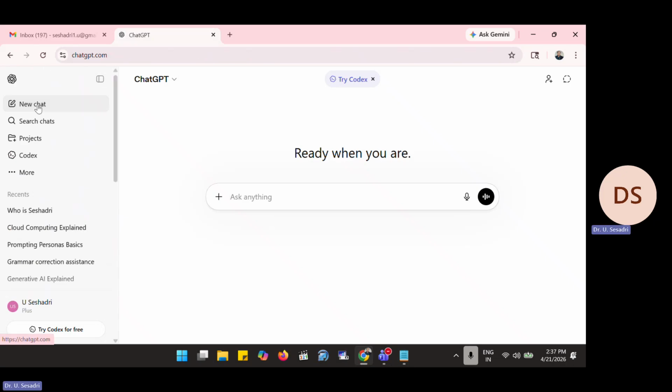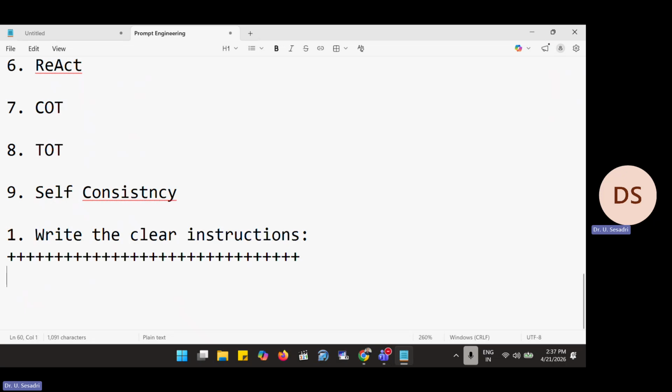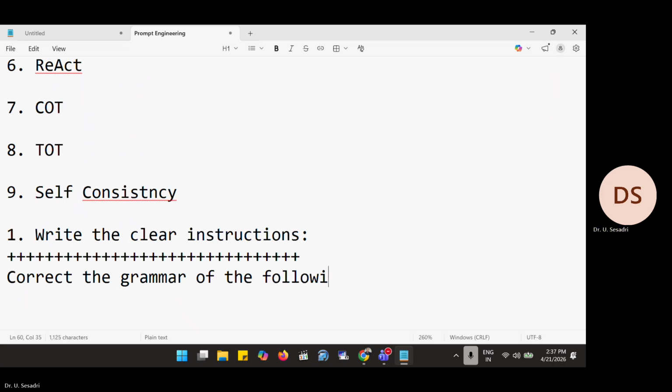Here, for clear instructions, I can give the statement: correct the grammar of the following sentence. See, I give the input: they went to the market and buy fruits.